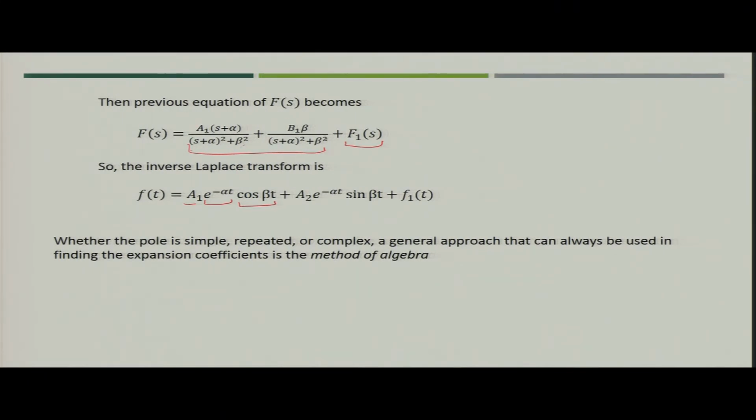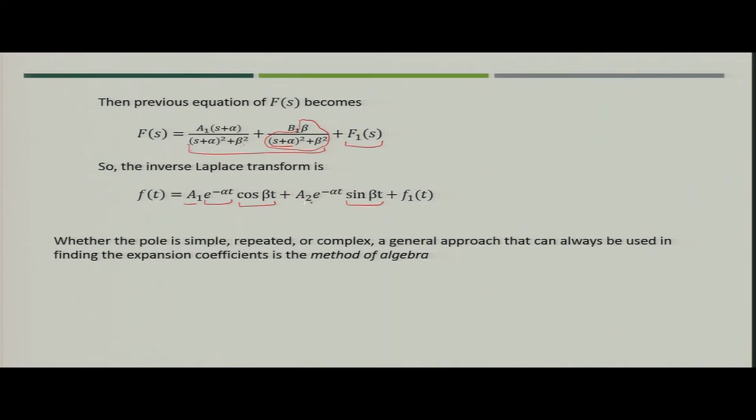Similarly, for this case also you can write a2 e to the power minus alpha t into sin beta t, because here also you will see that this particular segment is nothing but the Laplace transform of sin beta t plus the frequency shift, because here you have s plus alpha.